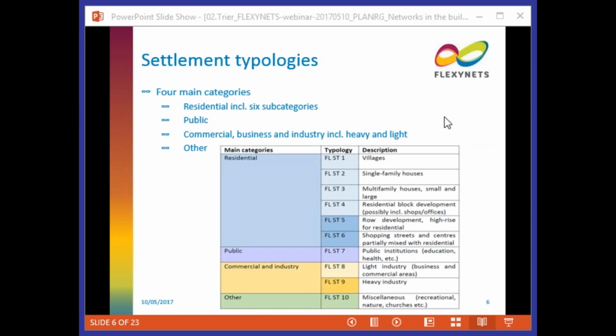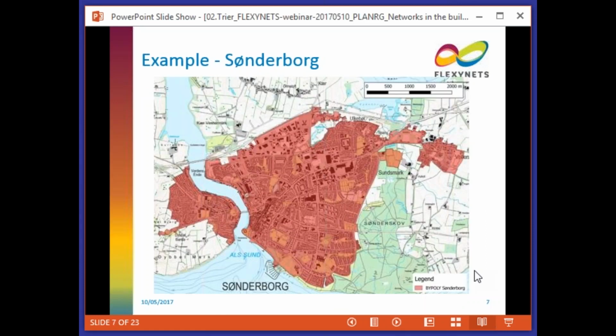these typologies we have applied to all the different parts of the towns, and one example here is Sønderborg, a Danish town of approximately 27,000 inhabitants, covering an area of approximately 13 square kilometers.